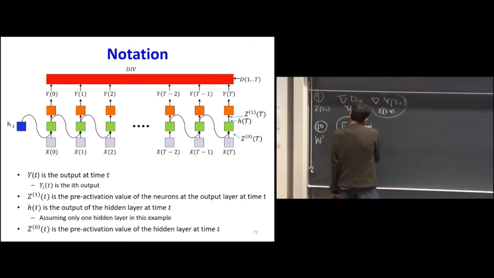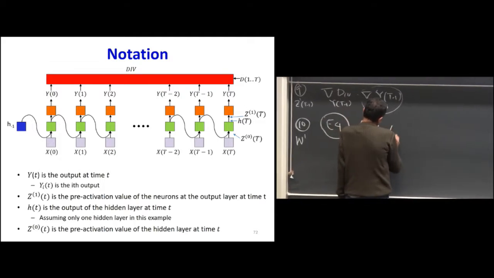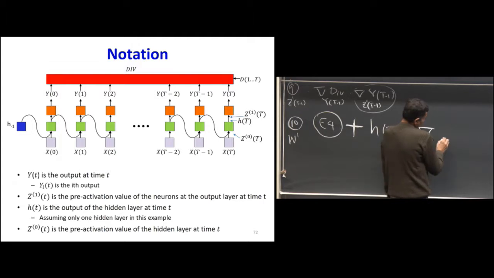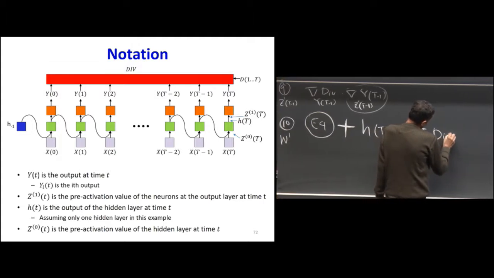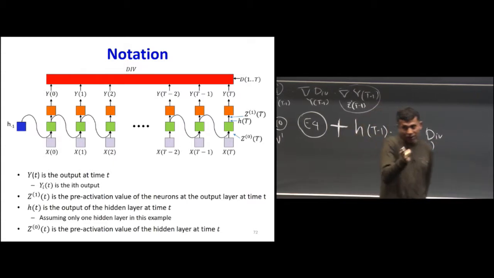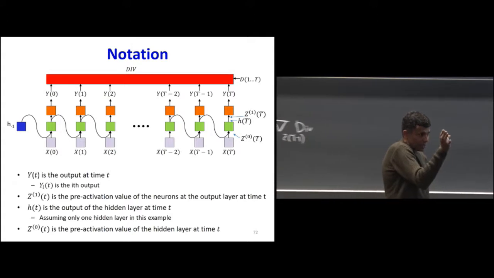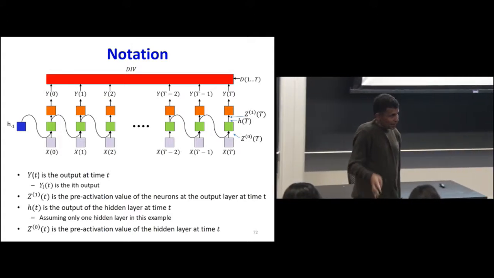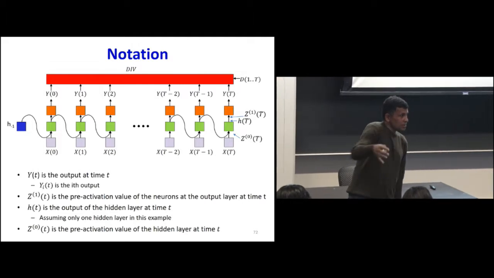H of t minus 1 times the derivative of z of t minus 1. So you see what's happening over here. Because I have a shared parameter network, these things are getting accumulated, right? That is the magic of having repeated structure.